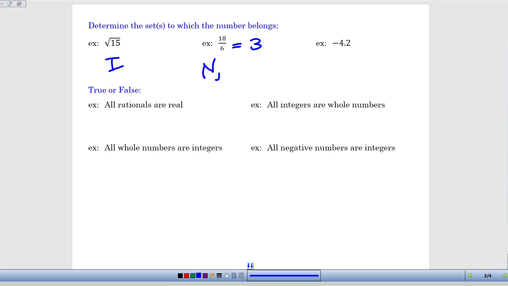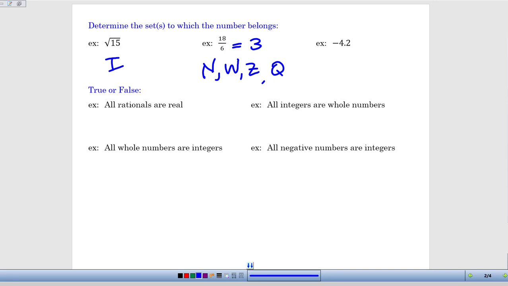It's a whole number. It is an integer. And because, as we saw at the very beginning, it could also be written as a fraction, it is also a rational number. So we've got those 4 categories that it falls into.